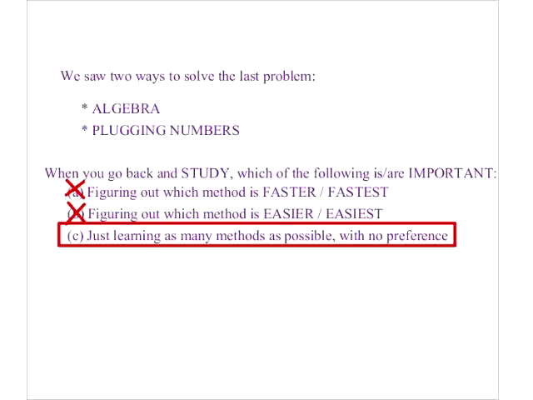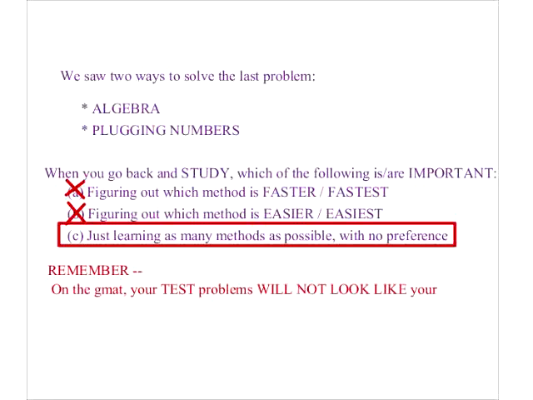Because the one thing you've got to remember, in fact the defining characteristic of this test, is that on the GMAT, the problems don't look like each other. Your test problems are not going to look like your practice problems.